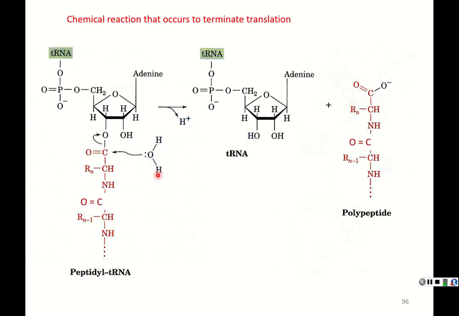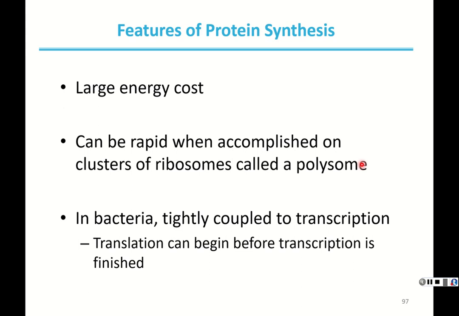What happens is you get a simple hydrolysis. Water is your nucleophile here, attacking that carboxyl group on the C-terminal end of the protein. That releases it, and then your polypeptide is given there. So, pretty simple mechanism.